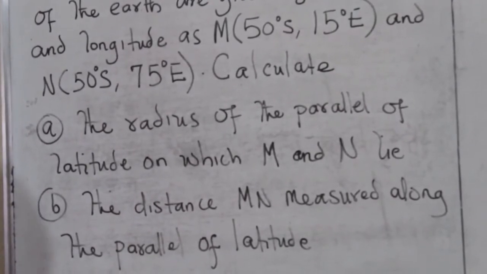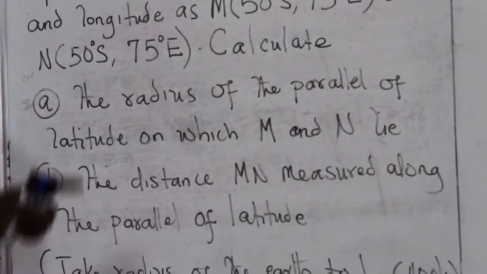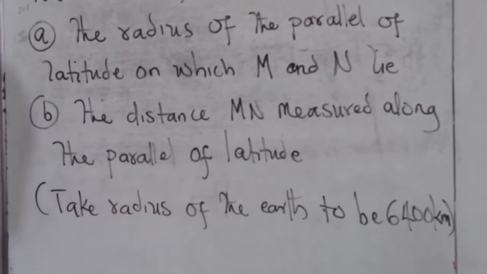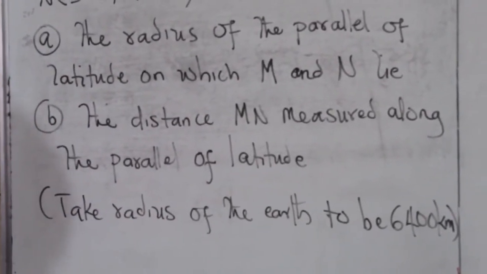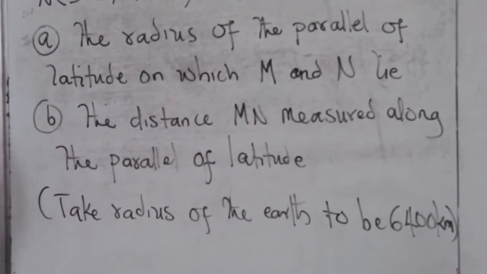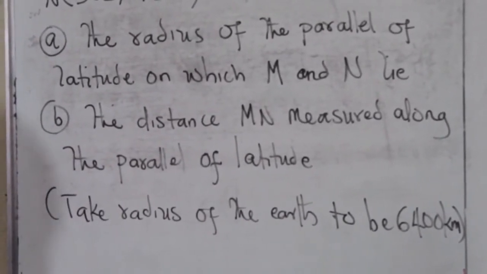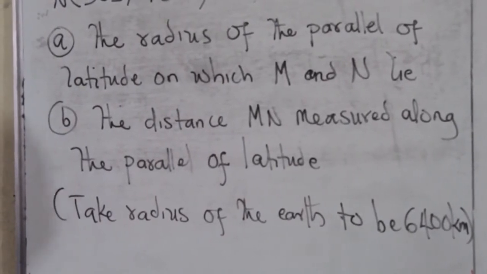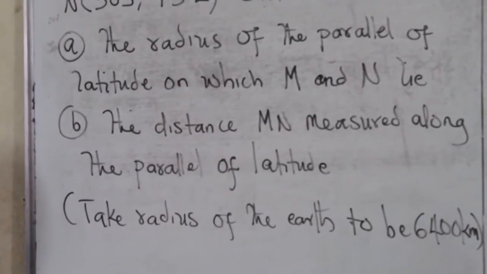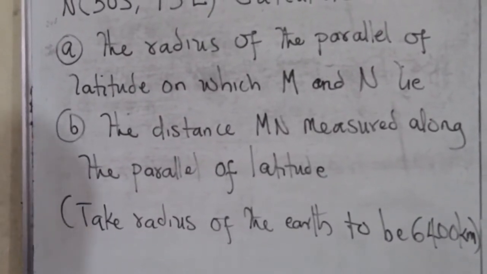The question says, calculate the radius of the parallel of latitude on which M and N lie. The B part of the question says, the distance MN measured along the parallel of latitude. So this is a question that requires that we find distance and radius.